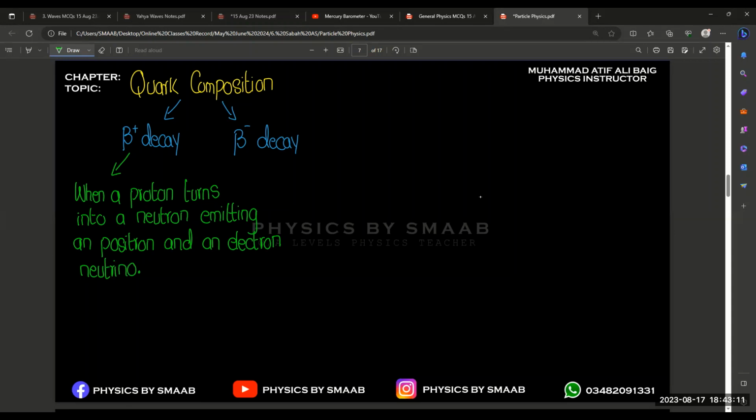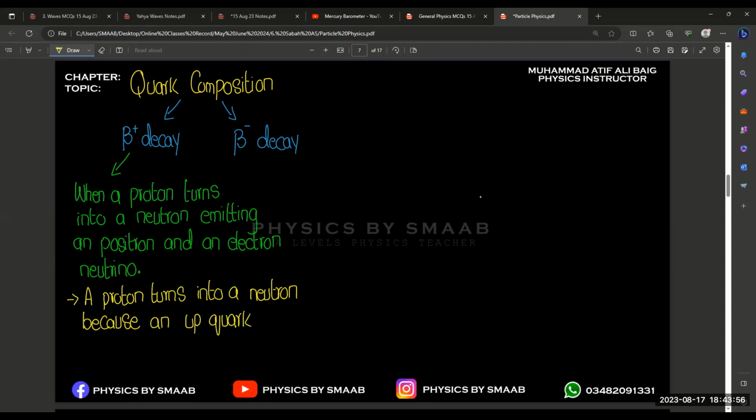And the second thing is, a proton turns into a neutron because an up quark turns into a down quark.